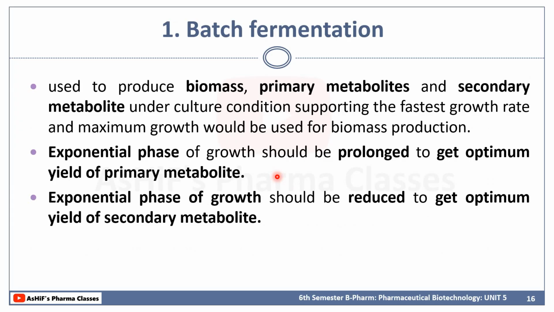So this batch fermentation process is mainly used to produce biomass as well as primary metabolites and secondary metabolites. During the exponential phase, there will be production of primary metabolites. So in order to increase the yield of primary metabolite, we have to prolong the exponential phase.